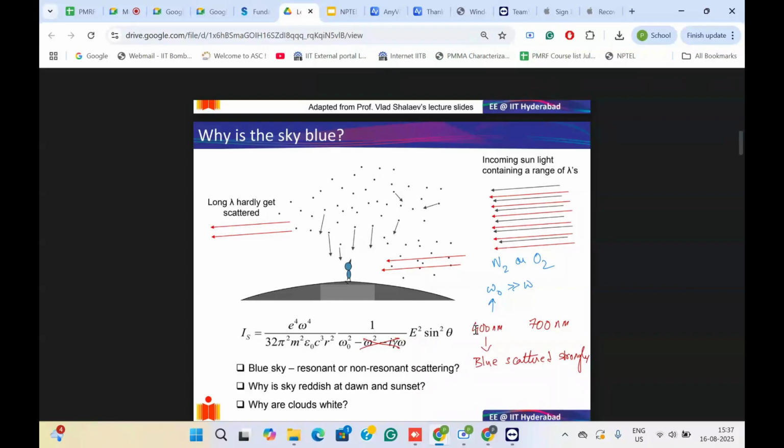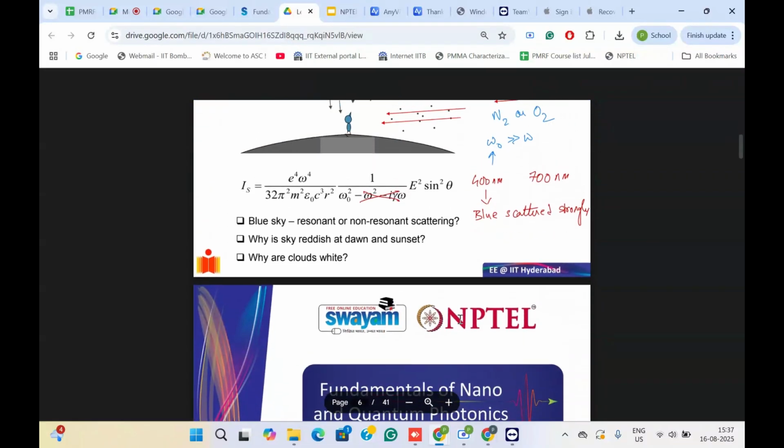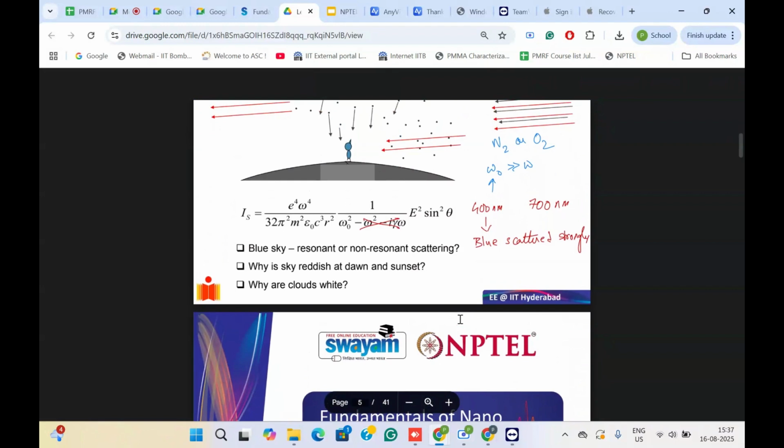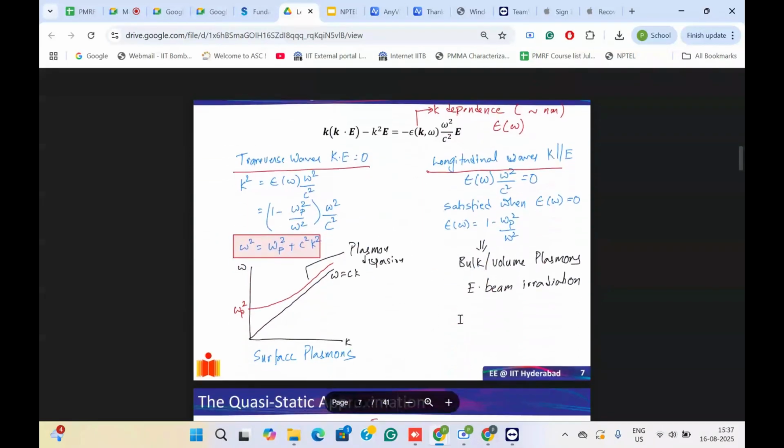Whenever the size of the particle is smaller than the wavelength, there will be Rayleigh scattering. There is one other type of scattering, Mie scattering, which deals with slightly larger particles.